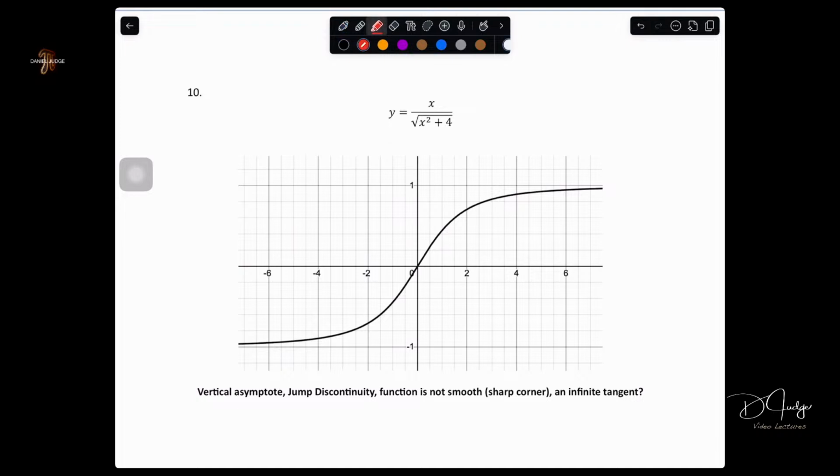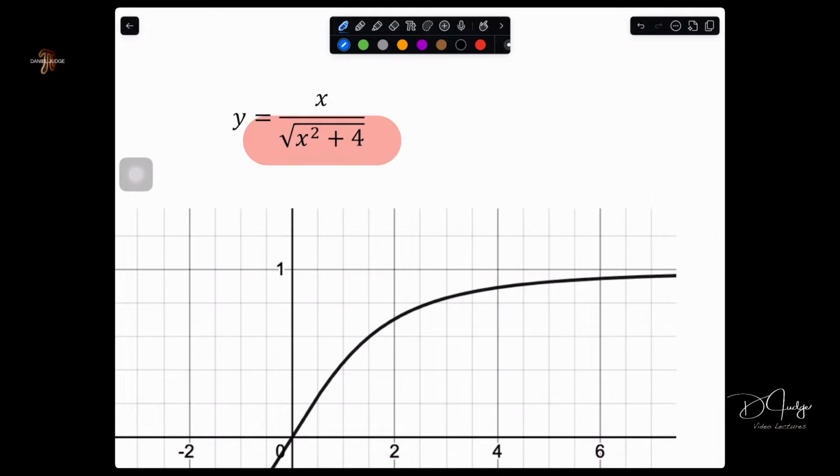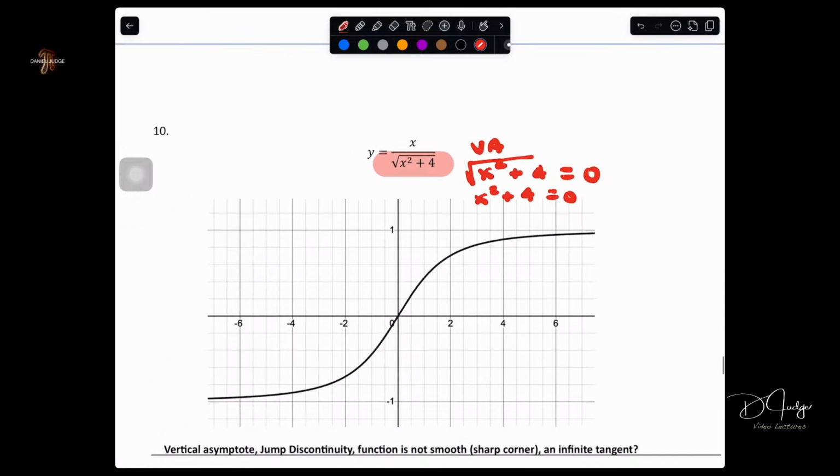However, I want you to notice, just because it's rational-ish, that denominator is never 0. You might be tempted to say there are vertical asymptotes where x squared plus 4 is 0. That does not happen for real numbers.